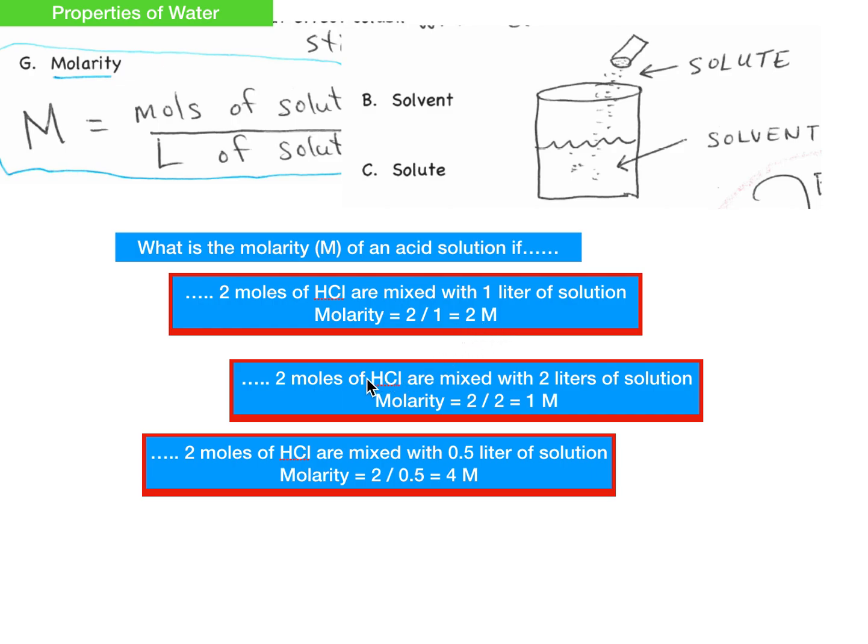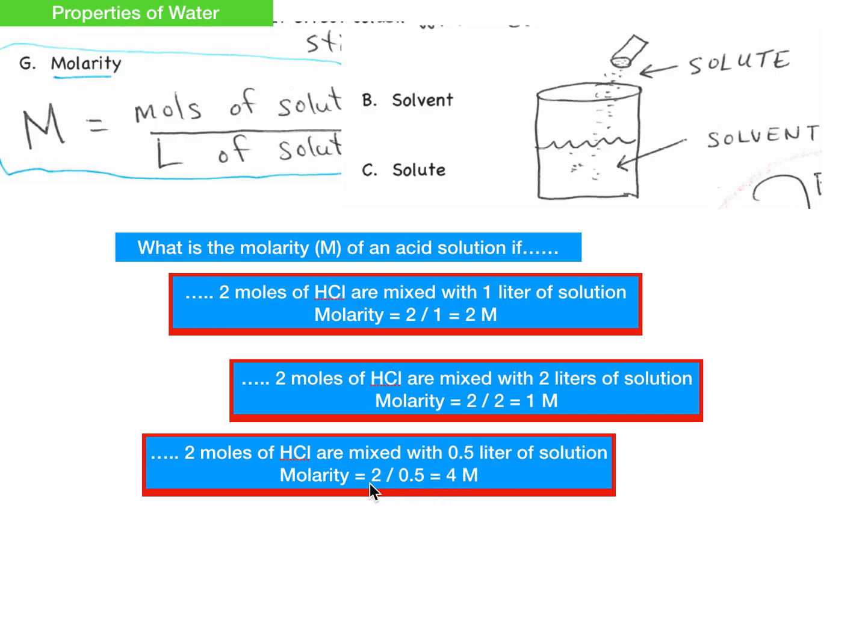Now what if I took 2 moles of that hydrochloric acid and dumped it in 2 liters of solution? Well, now I have 2 moles divided by 2 liters. It's a 1 molar solution. 1 is the molarity. What if I took those same 2 moles and dumped them in half a liter?